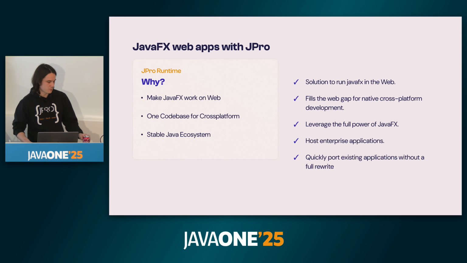With JPro, you can migrate your JavaFX app without rewriting it entirely, which is often a huge hazard and a huge risk for businesses when they have to go to the web market.